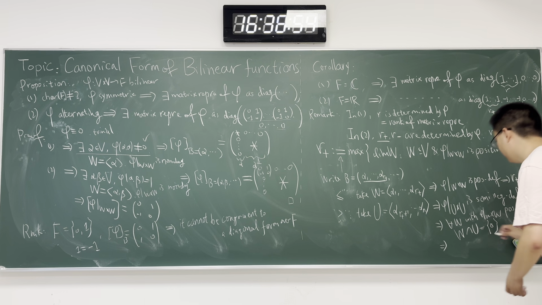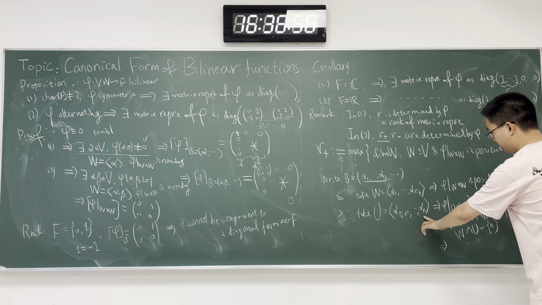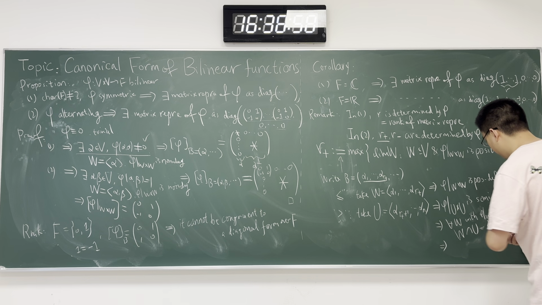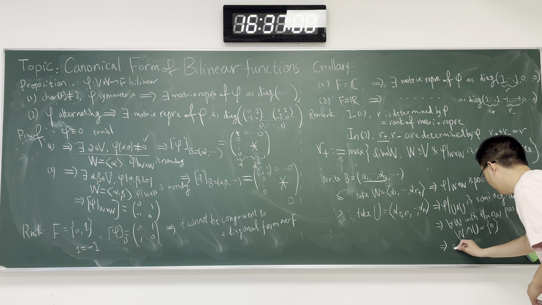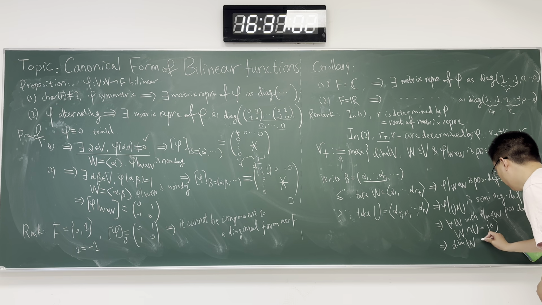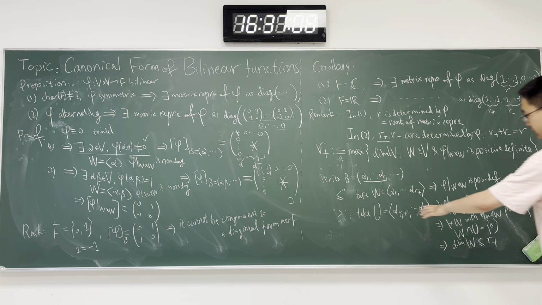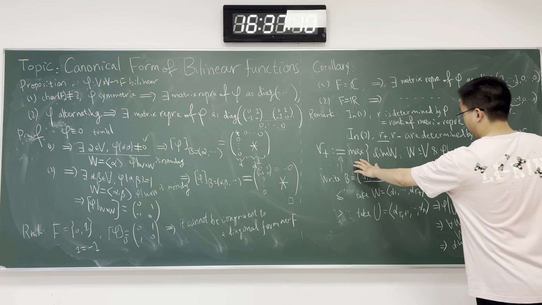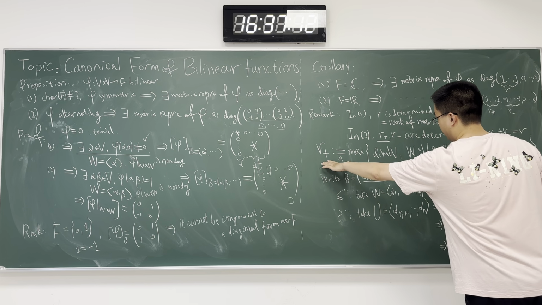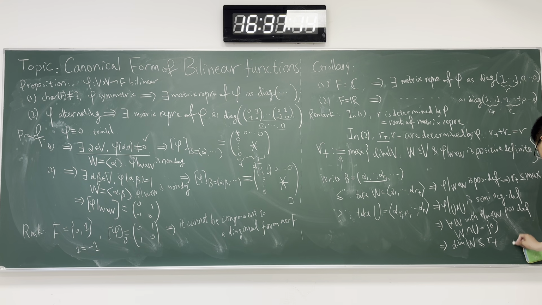Then, since U has dimension n minus r plus, such W must have dimension not exceeding r plus, which means that the maximum is always not exceeding r plus. So this finishes our proof. Okay.